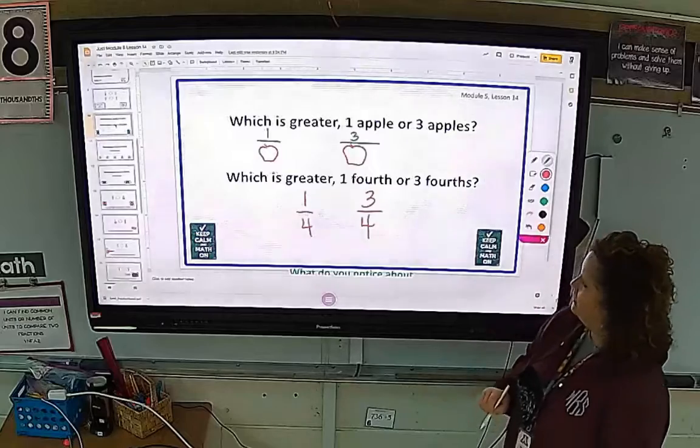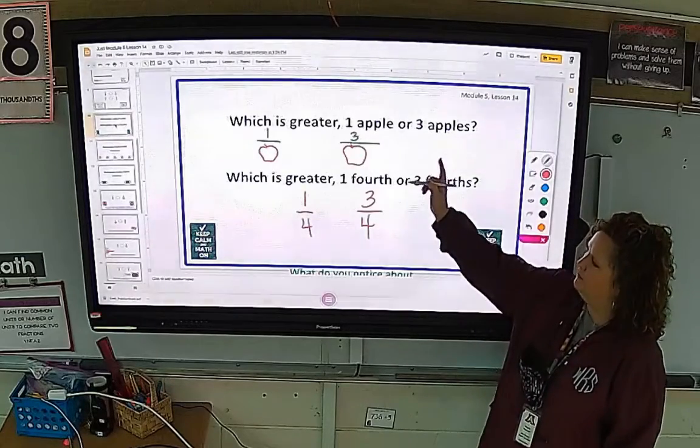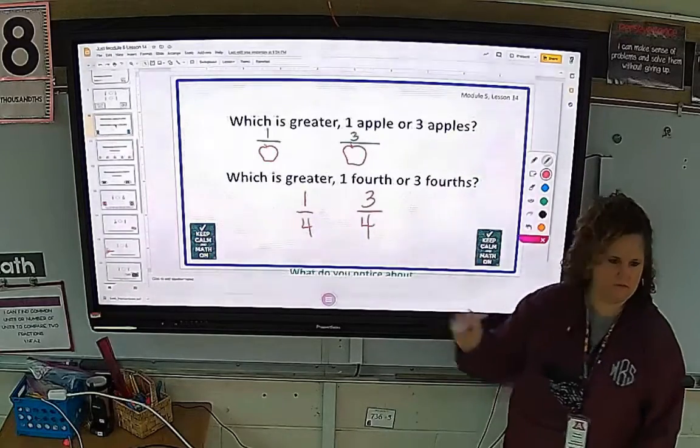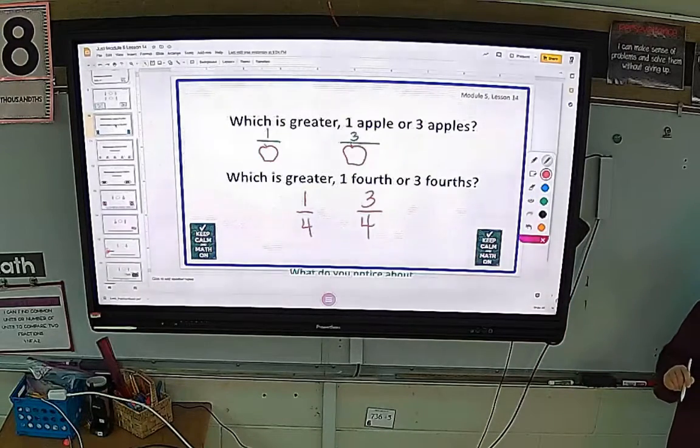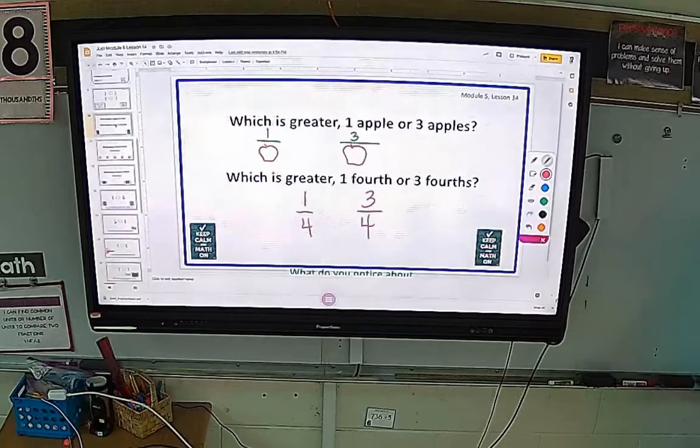Okay. What do you notice about both of these? They're the same what? They're the same numbers. They're using some of the same numbers. Sure. Anything else that you notice about them?